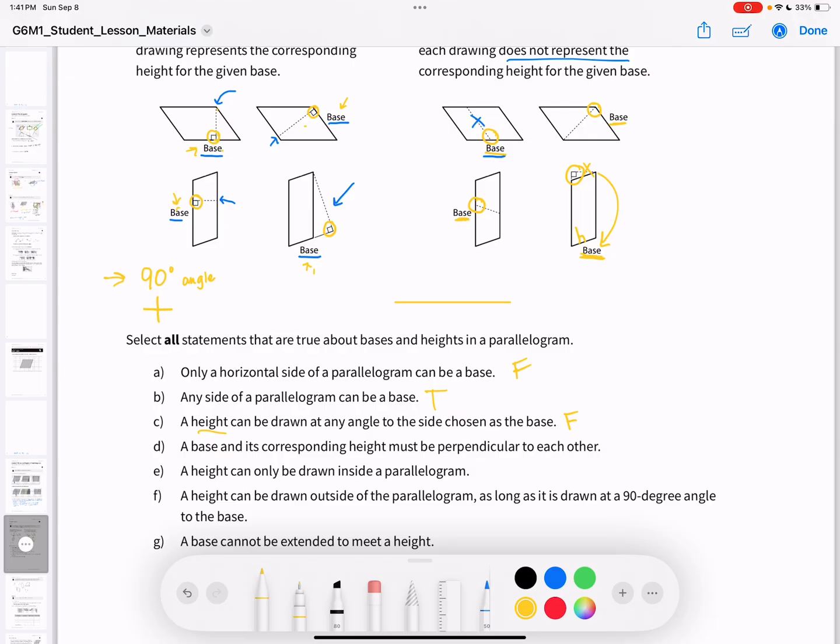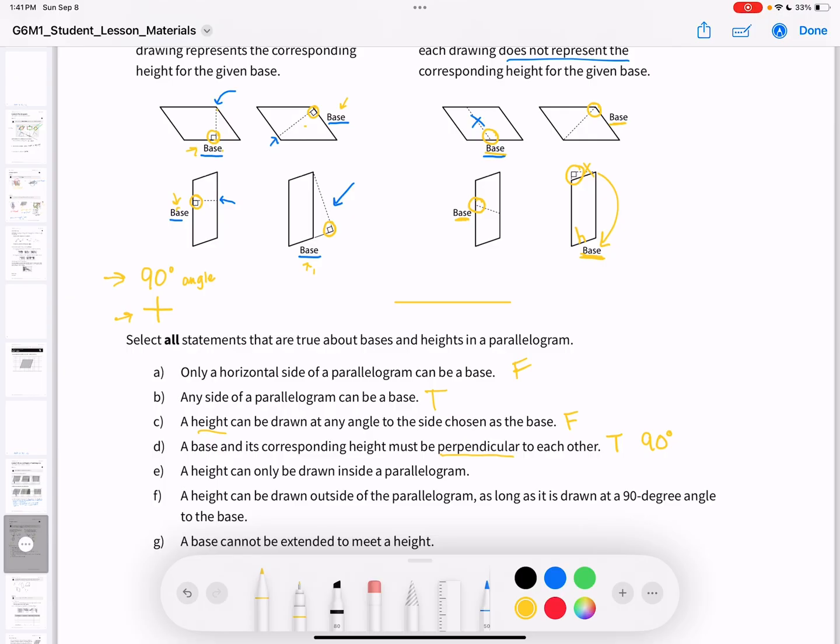A base and its corresponding height must be perpendicular to each other. Yeah, remember, perpendicular lines cross at 90-degree angles. So this is true. It must be at a 90-degree or perpendicular angle.